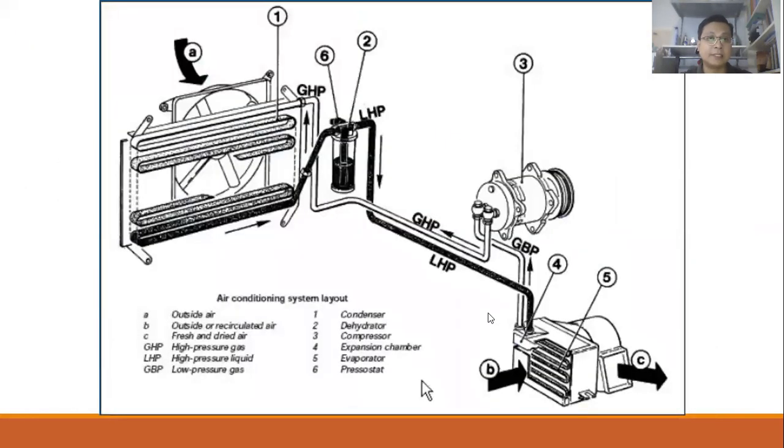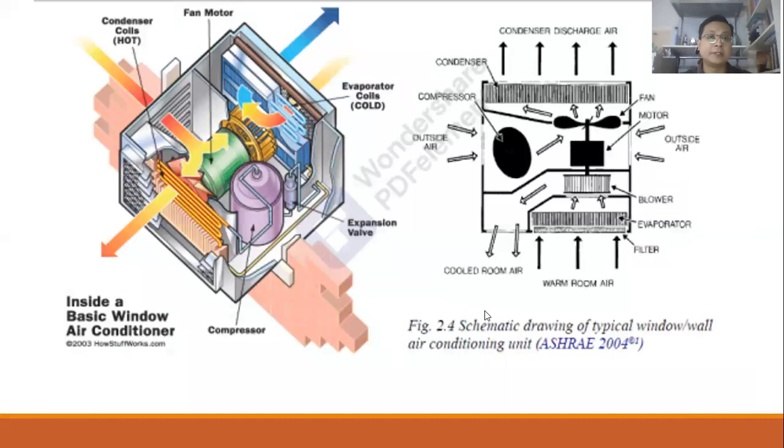So these are the basic components of the split. You can see here, this one is for the window system. We separate by wall here, and then this part is the evaporator for indoor, and then the condenser part for the outdoor system.